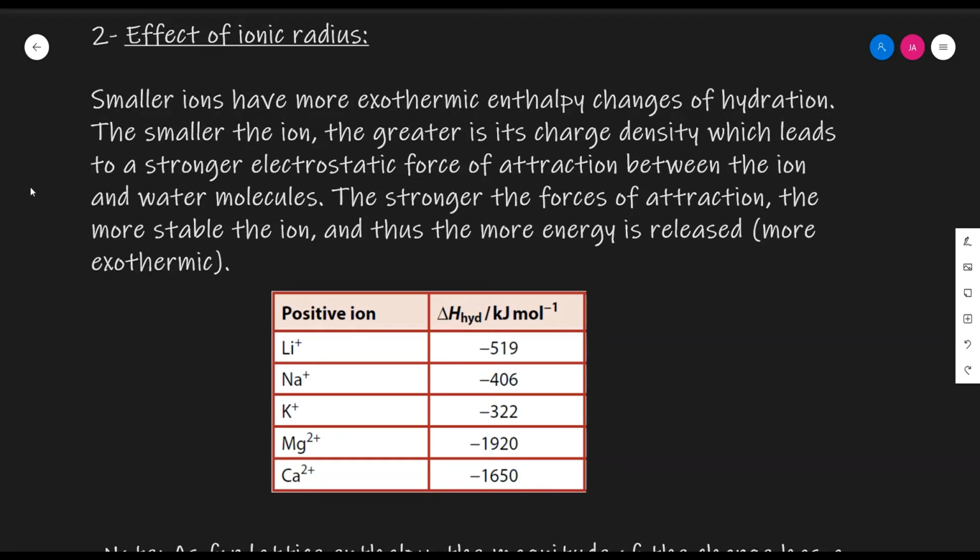This is because the smaller the ion, the greater its charge density, and thus the stronger the electrostatic force of attraction between the ion and the water molecules. The stronger these forces of attraction are, the more stable the ion is in solution, and thus more energy will be released, producing a more exothermic enthalpy change of hydration.